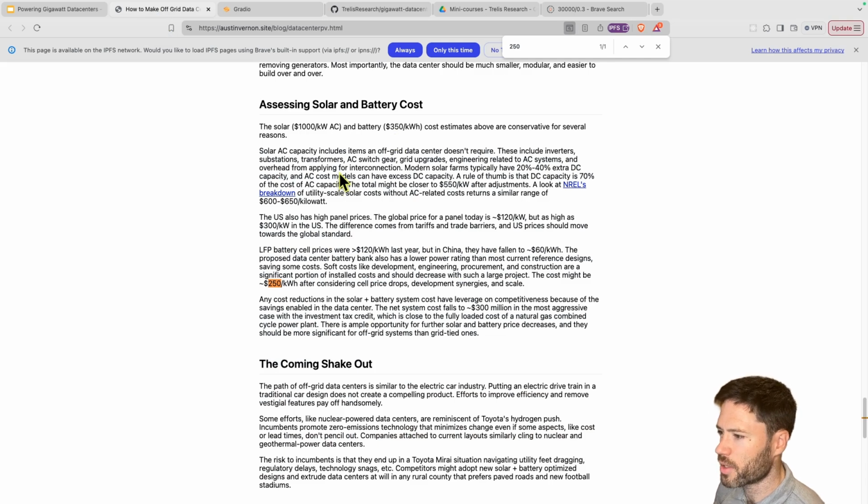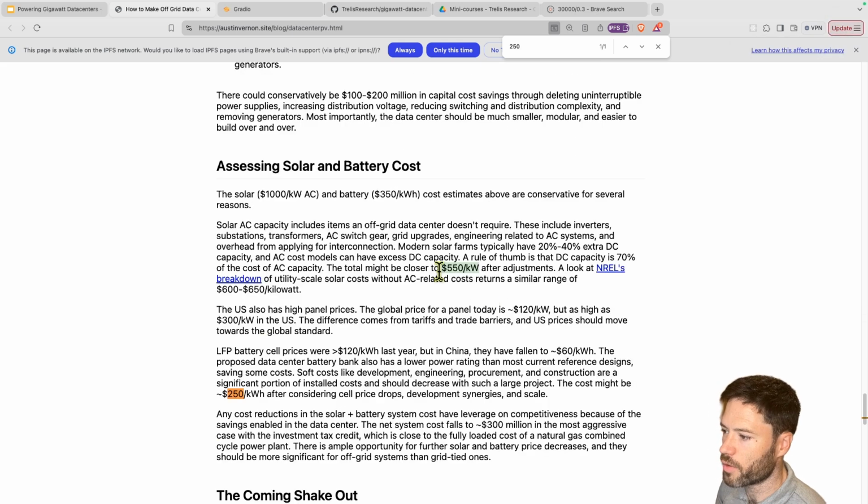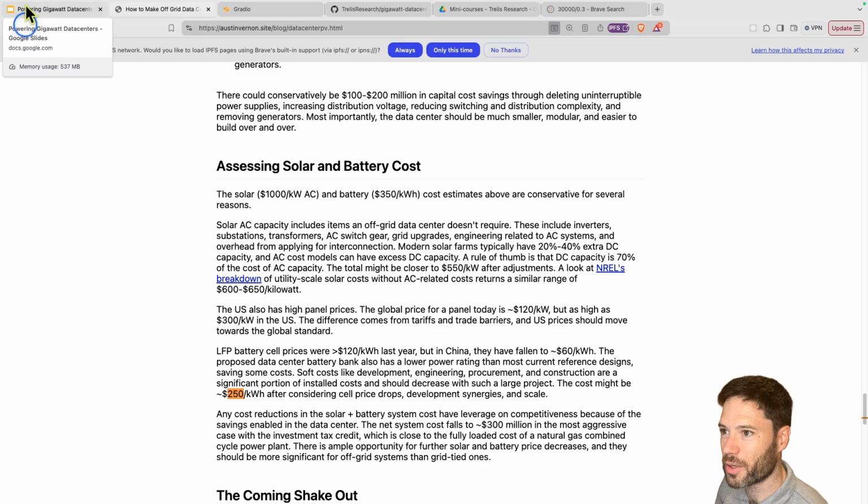But then he goes on to say that potentially if you factor out things like maybe taxes, which are higher in the US on solar panels, and savings if your data center is just operating in DC and you don't need to convert up to AC, he's suggesting that maybe you can get down to about $550. Sorry, I'll increase my screen size. Maybe $550 here for solar and $250 here for the batteries. So I'm going with those more aggressive estimates here for solar and batteries.